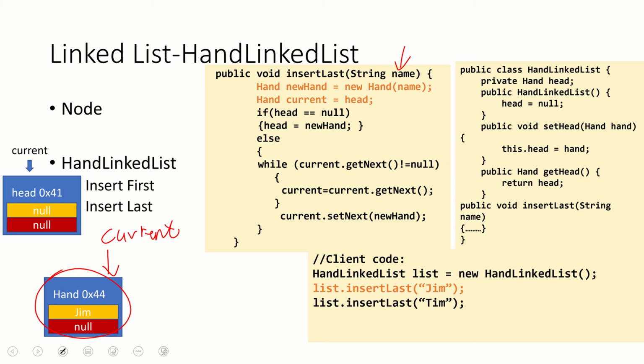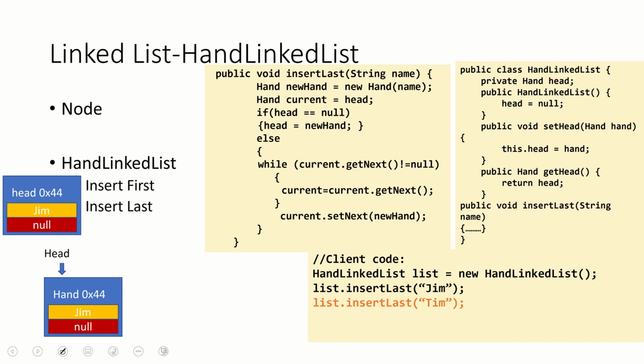Obviously this linked list is empty, which means the head will be null, so this returns true. So we assign the head as the new hand.